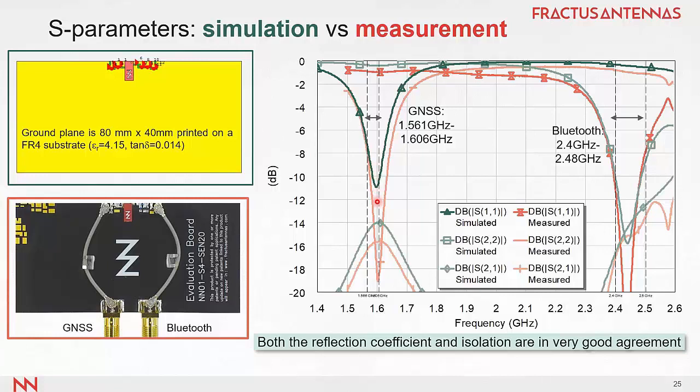Again, without any human intervention. The same matching network that we obtain with this systematic approach is mounted on the PCB. We measure and we get the results. You see that the S11 and S22 are pretty much the same. And again, the isolation, sorry, in this case will be the S21.